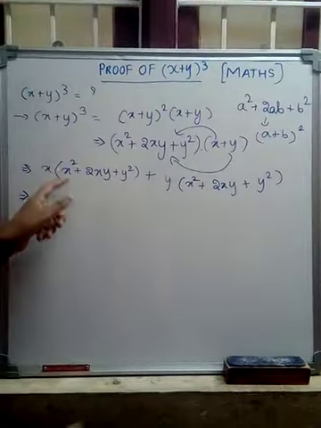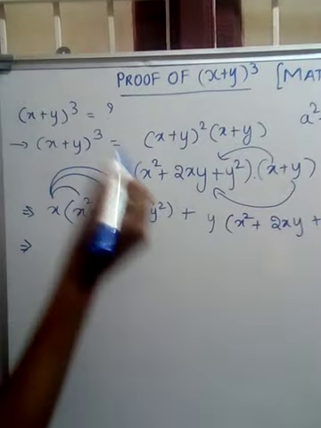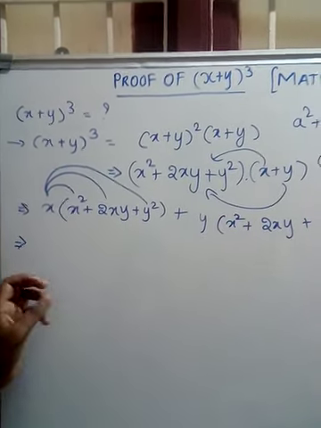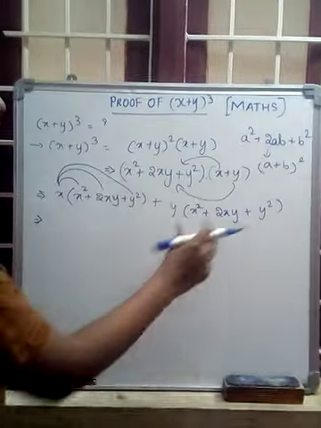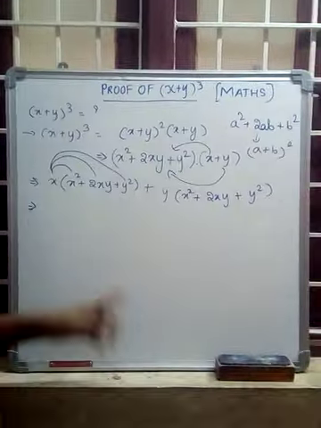You have to multiply each individual term: x into x square, x into 2xy and x into y square. And after the addition symbol there is another step, that is multiplication of y with each term: y into x square, y into 2xy, y into y square.